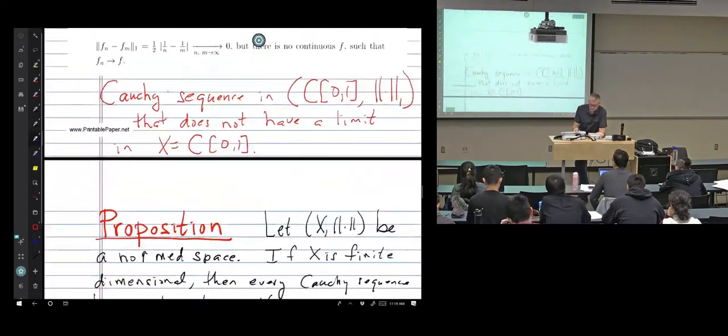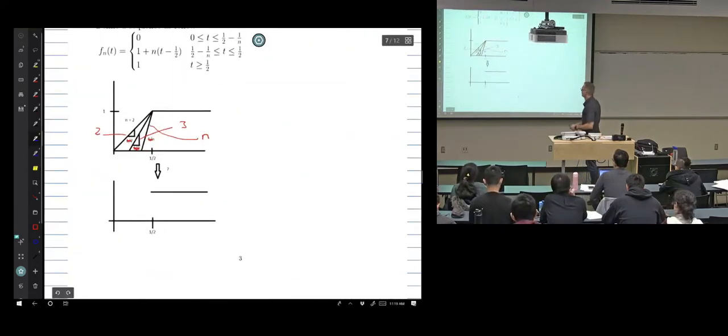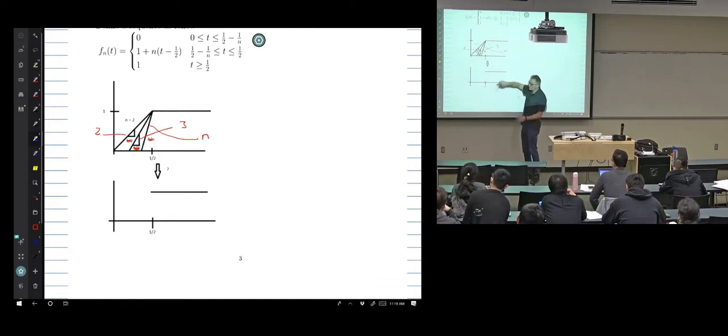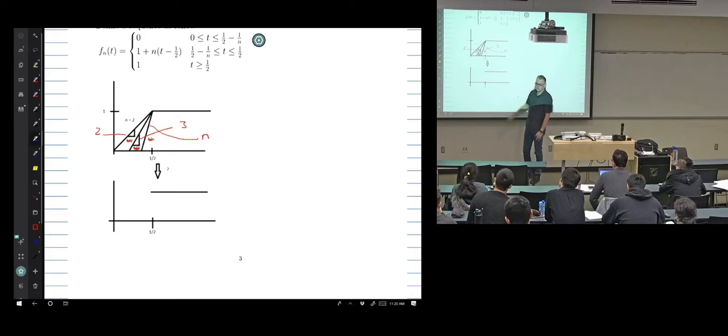To be clear, yes, this is Cauchy. If I were to throw this function in, take the set of continuous functions plus this one and take the span, so I get a vector space again, then this sequence is convergent and this is the function to which it is converging. So I had to grow the space.